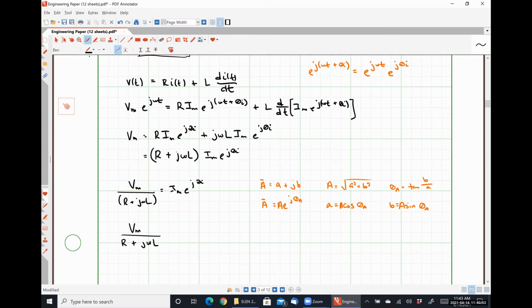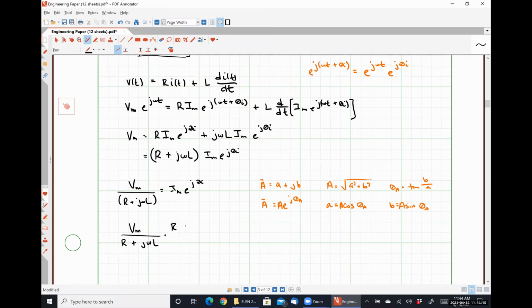Absolutely correct. The complex conjugate of the denominator. So I'm going to multiply this by the complex conjugate of my denominator. Somebody tell me what that is. R minus j omega L. Complex conjugate, we just flip the sign on j.